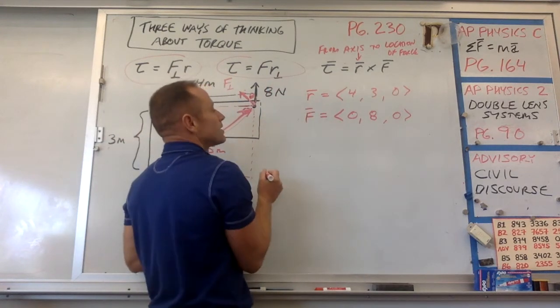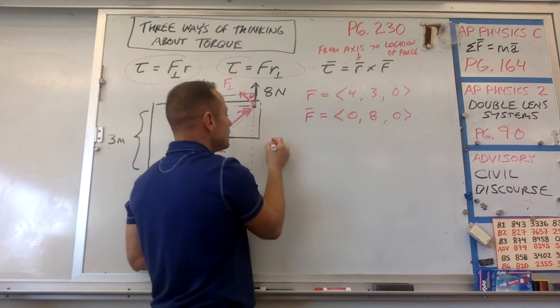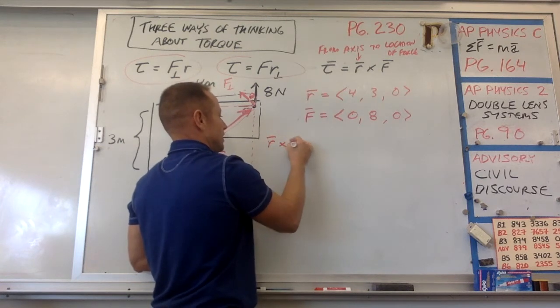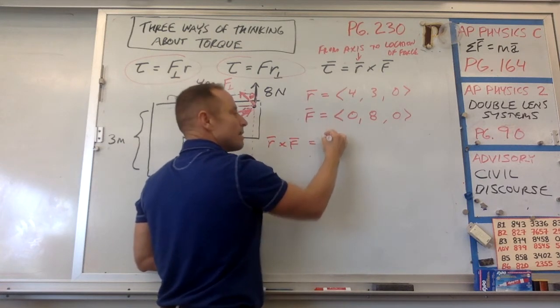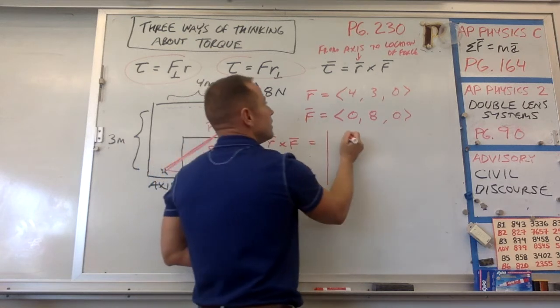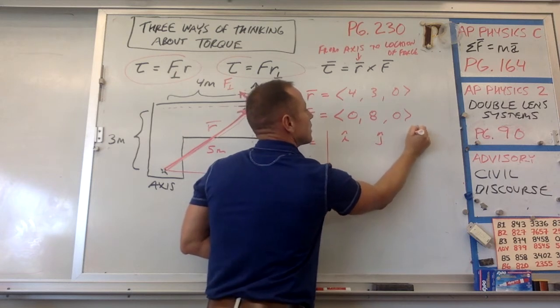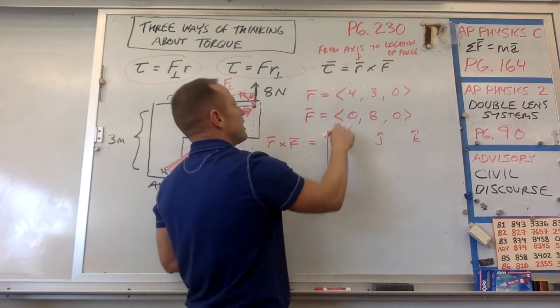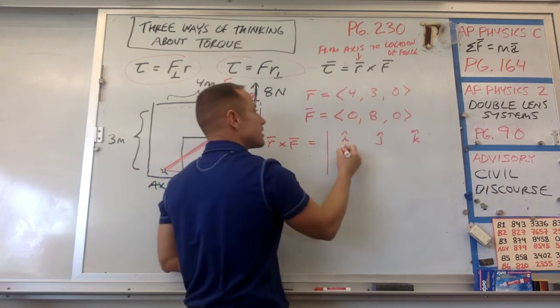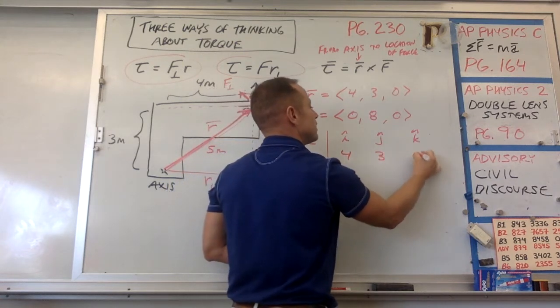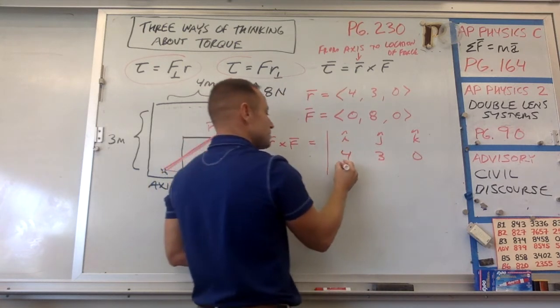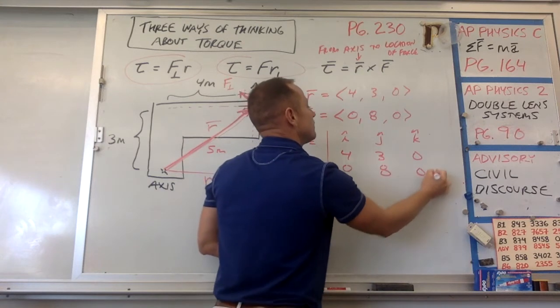So we need to do R cross F. If you remember from pre-calc, you go I hat, J hat, K hat. Then, order matters, so the R vector comes first, 4, 3, 0. The F vector comes second, 0, 8, 0.